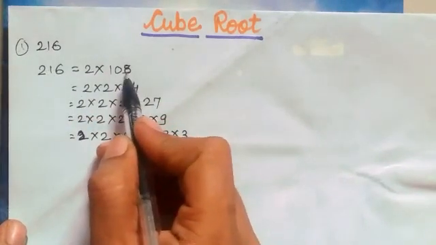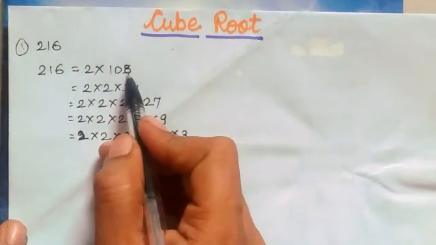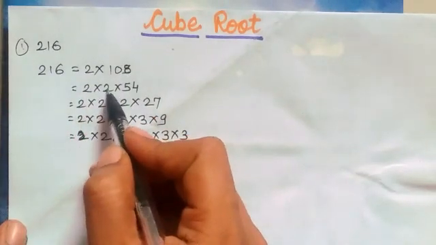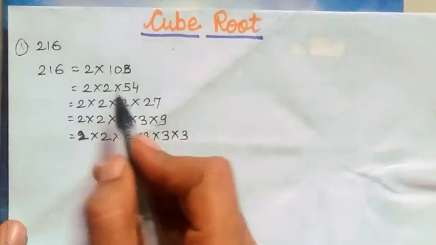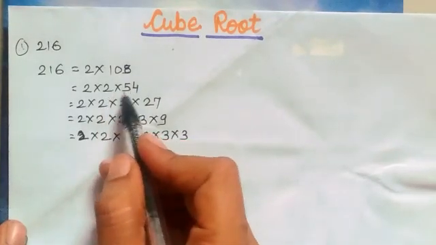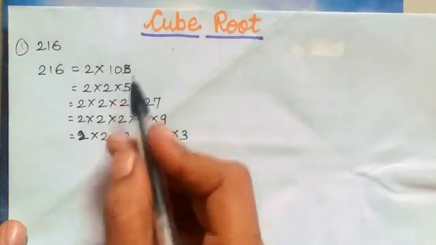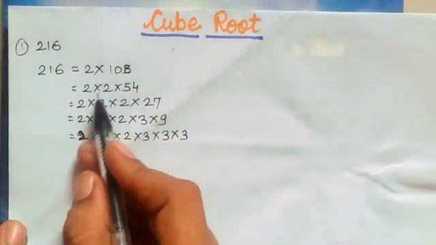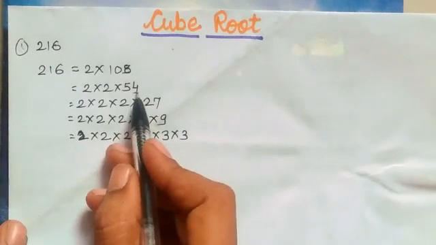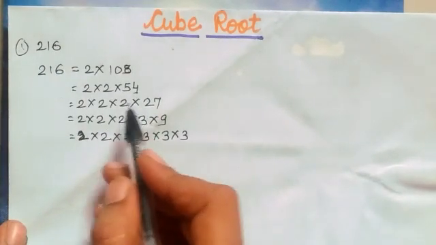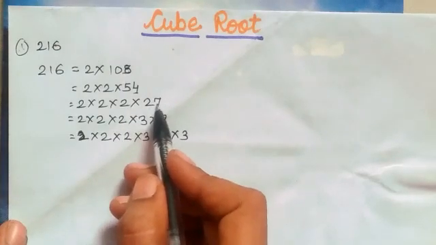Now 108 is there. It means again we can use the test of divisibility of 2. So this 2 will be as it is, and this 2 we are going to use for the next time, that is 2 into 54. The answer will be 108. Again 2 into 27, and 4 is at the unit place, so we can again multiply with the 2. Then we will get the answer 27.